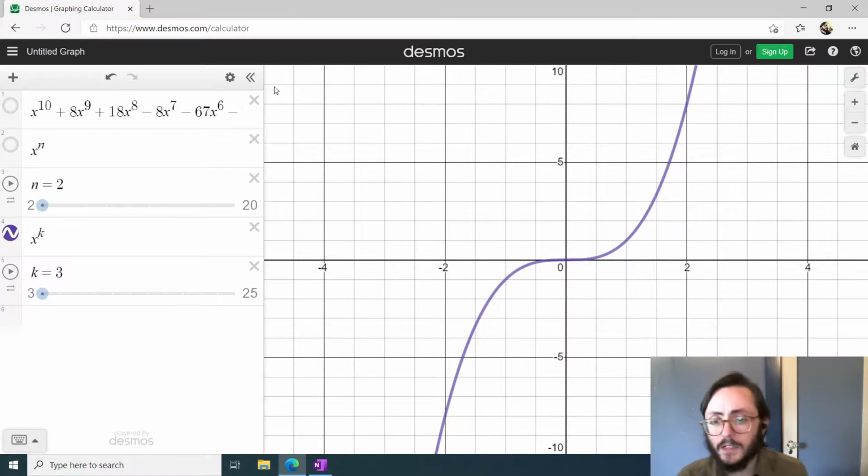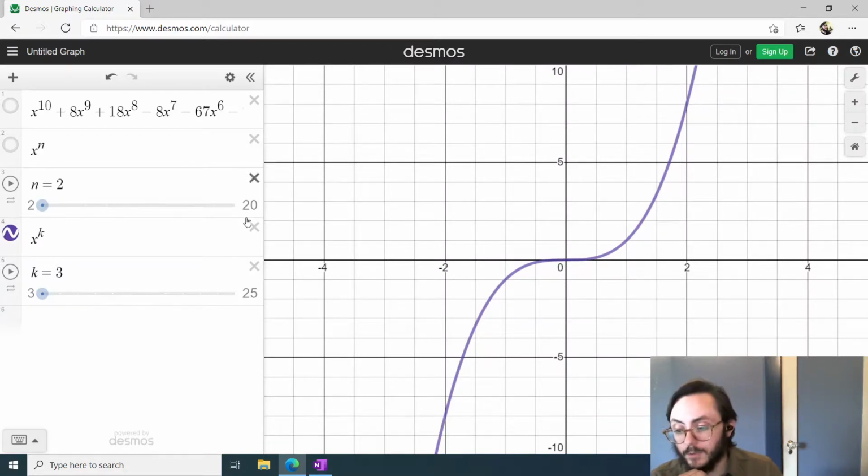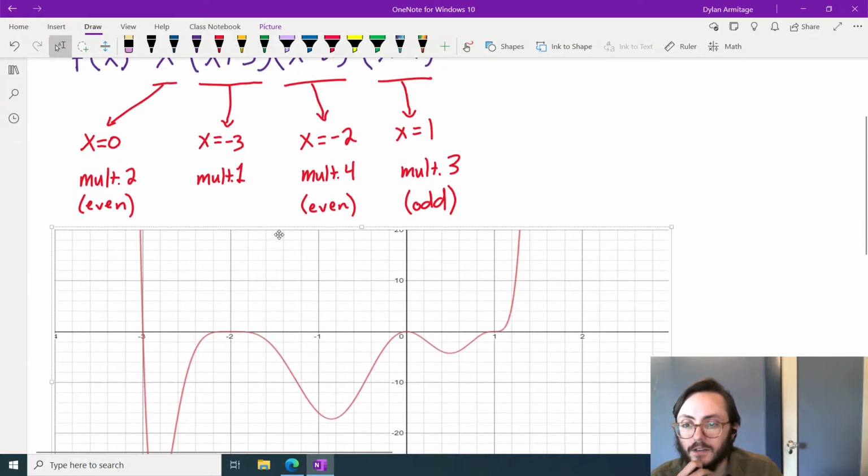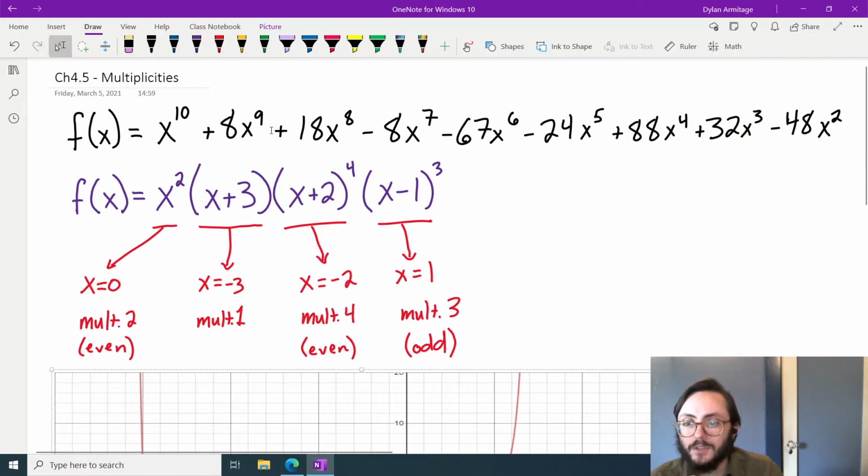So in our class, we don't really deal with multiplicities greater than 3. We either have multiplicity of 1, so just the simple roots, multiplicity of 2, or a multiplicity of 3, sometimes. And that's because at that point, the polynomials can get really big, which we saw here, where our polynomial had 9 terms and a total of 4 unique roots.